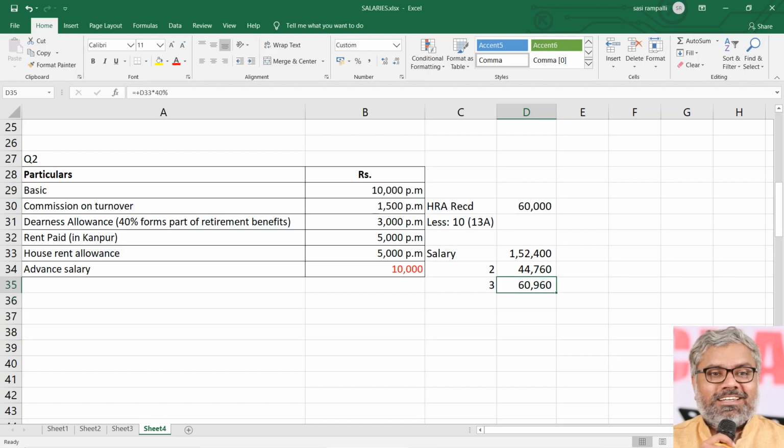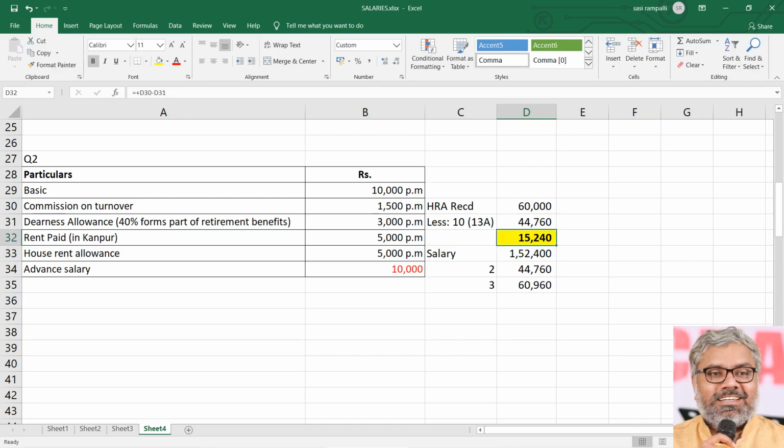So 40% of salary, whichever is lower. So 60,000 or 44,760 or 60,960, which is lower? 44,760 is lower. So what is going to be the taxable HRA for this purpose? That is 15,240. That is the final answer for question number 2.